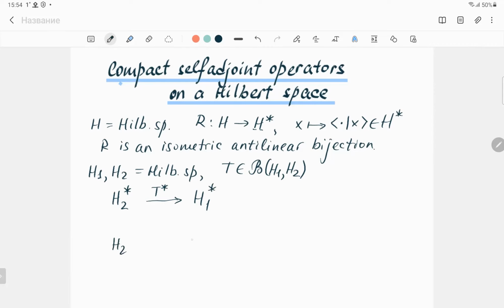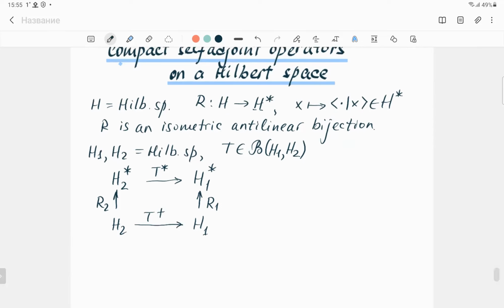We also have two canonical bijections between H1, H2 and their duals. Let's denote these bijections by R1 and R2. And since they are bijections, we can consider an operator from H2 to H1, let's denote it by T plus, which makes the diagram commute. And this operator is called the adjoint of T.